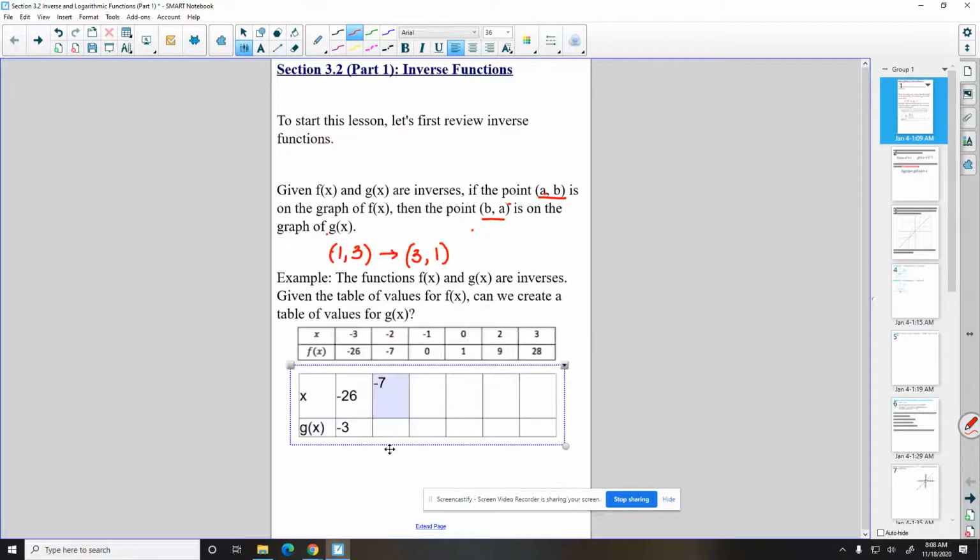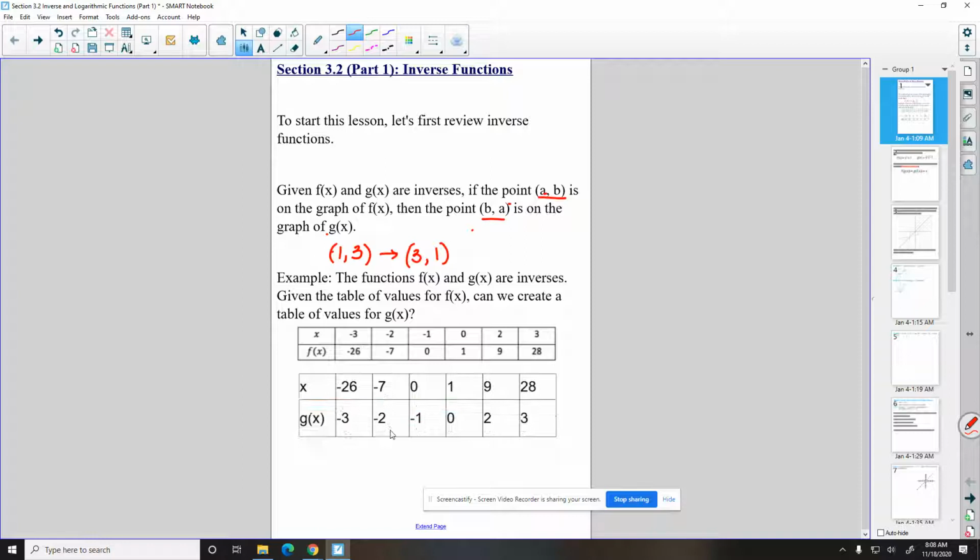You would have negative 7 and negative 2, and then you would have 0, negative 1. So you're just flipping all the points. The y's become x's and the x's become y's. And that gives you a little bit of information about the inverse function g.